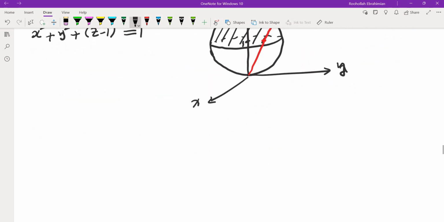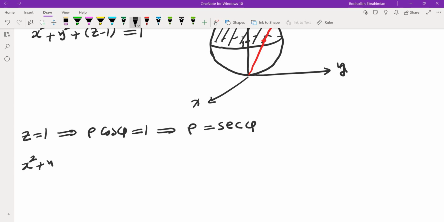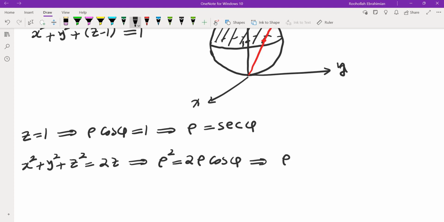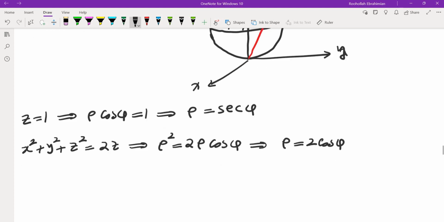So let's do that. z equals 1 gives us rho cosine of phi equals 1. That gives us rho equals secant of phi. x squared plus y squared plus z squared equals 2z gives us rho squared equals 2 rho cosine of phi, which means rho equals 2 cosine of phi. So these are the limits for rho.